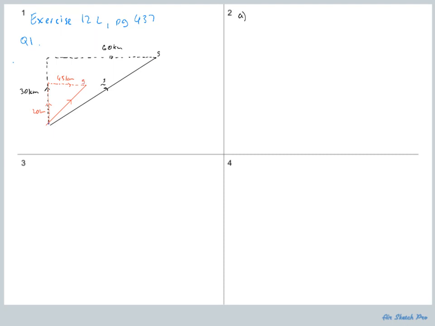Relative to the buoy. Because it's a relative position, we really just need to work out the vector from the buoy to the ship. So in other words, we're looking at the vector here. I'm going to do that in blue so you can see that. Please stop and ask me questions if you're not too sure what's going on.